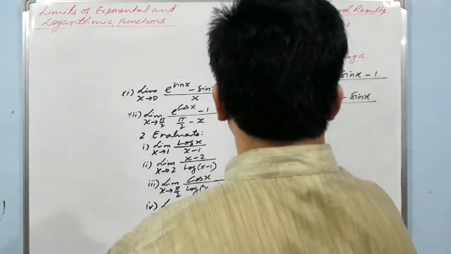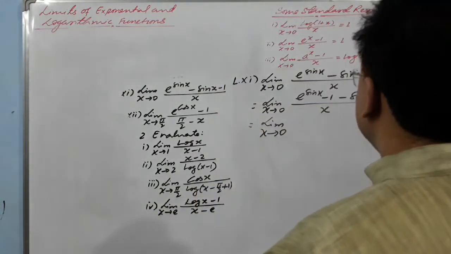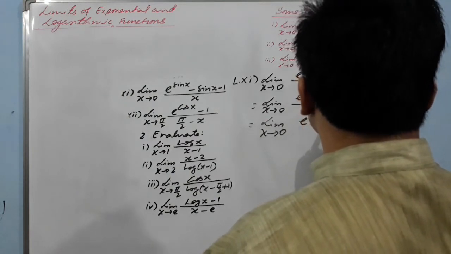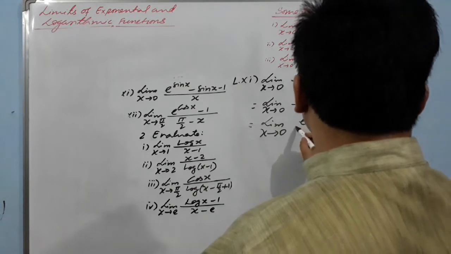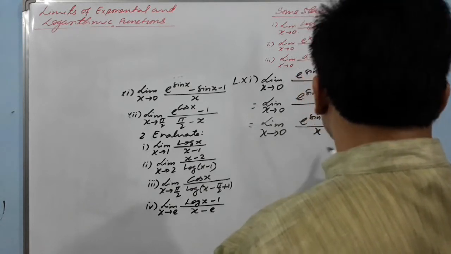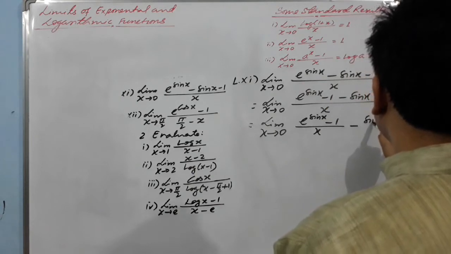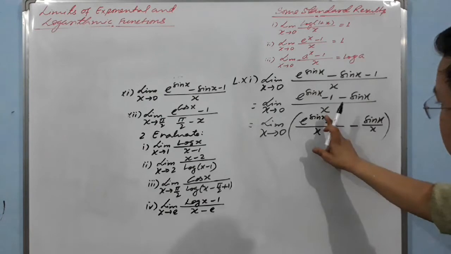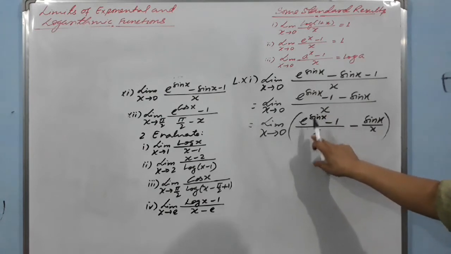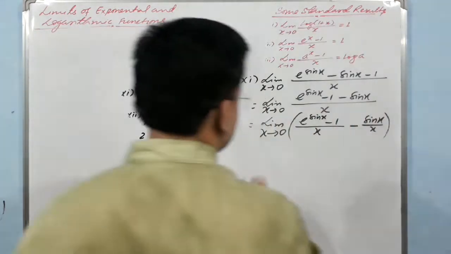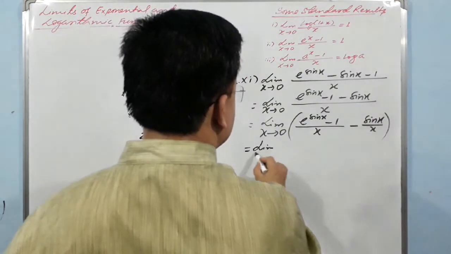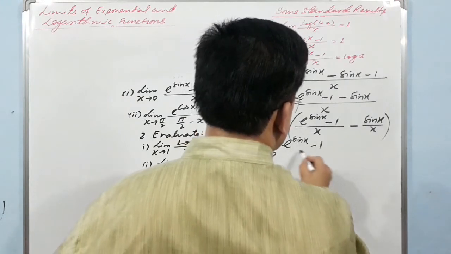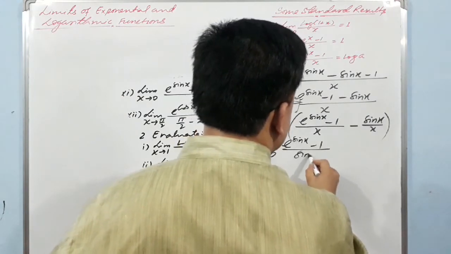The limit as x tends to 0 of e raised to power sine x minus 1 over sine x, times sine x over x. But here it is sine x and here it is x only, so we need sine x, otherwise we can't write 1, right? e raised to power sine x minus 1, so let's write sine x here.